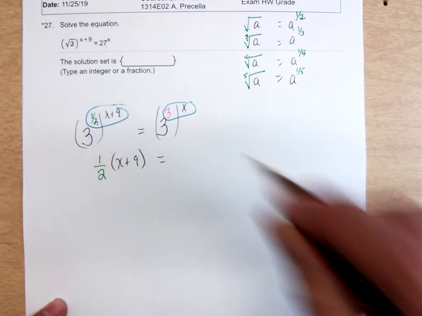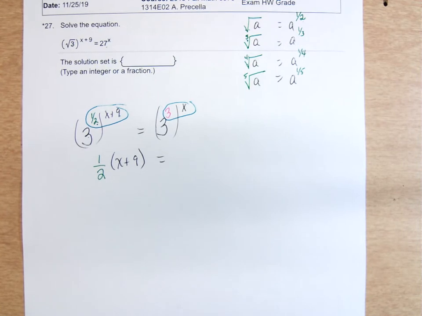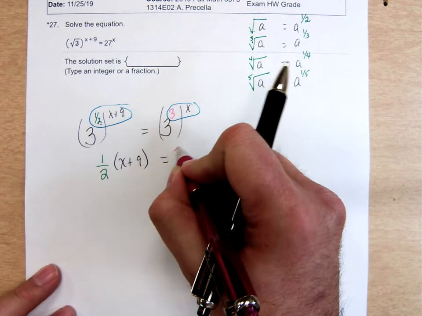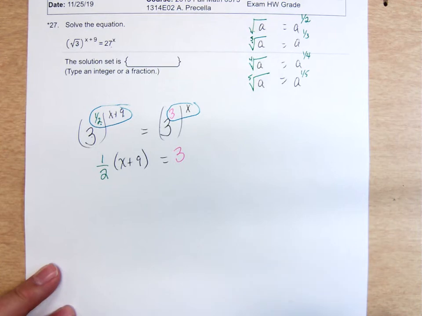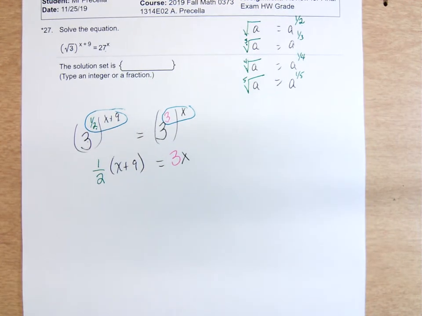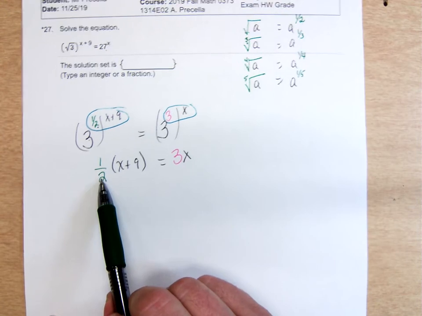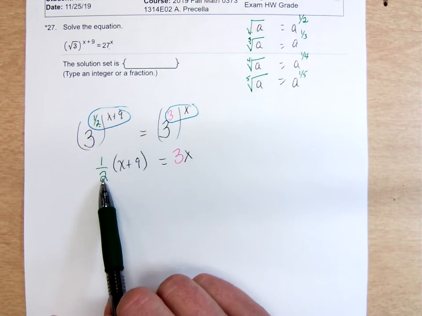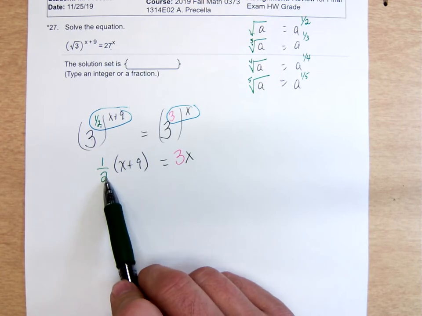equals 3x. That's the pink 3, not the black 3. Now, by doing that, we can get rid of the fraction from this equation pretty quickly. What would I do to get rid of this fraction here? What would I multiply both sides by to get rid of this green 2?